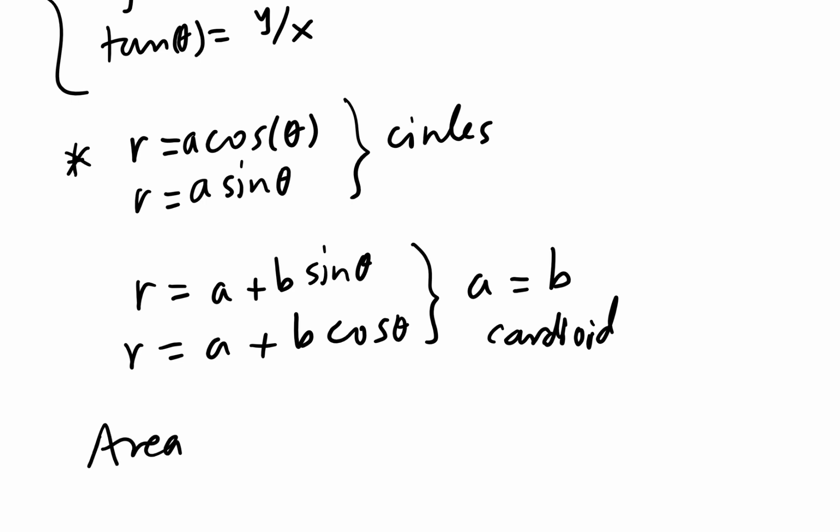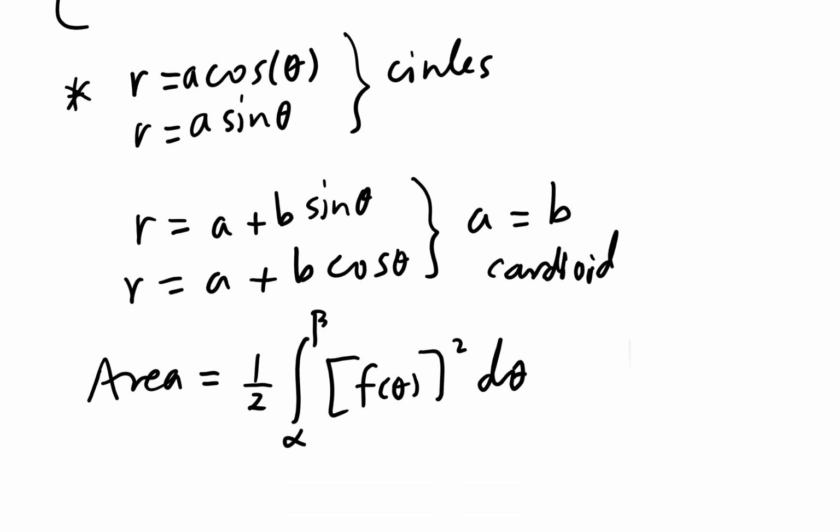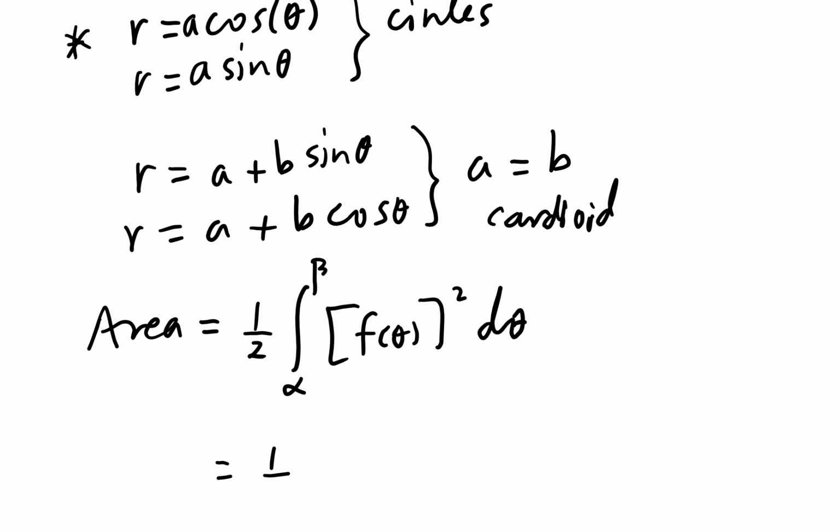So the formula for the area in polar is 1/2 the integral from alpha to beta. We take the function, we square it, d theta. And remember, f of theta is the same as r. So if you write it this way, or you make it r squared, it's the same.